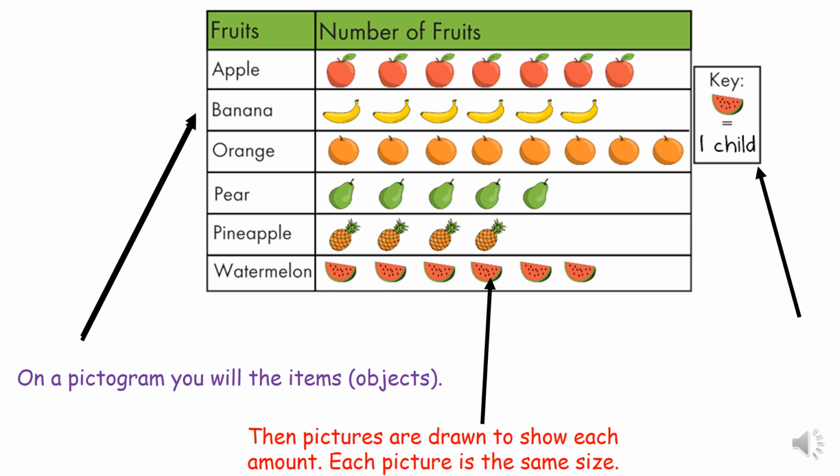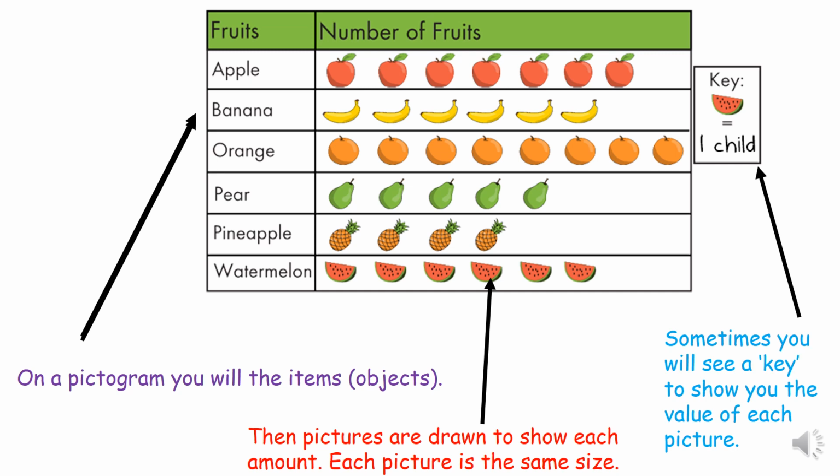And pictograms will often have something called a key. And the key will show you the value of each picture. So this key tells us that one picture equals one child.